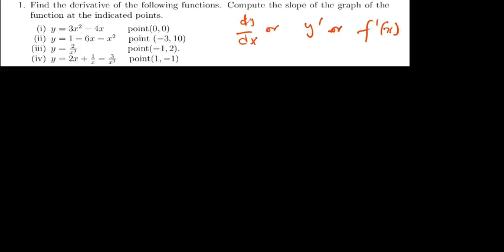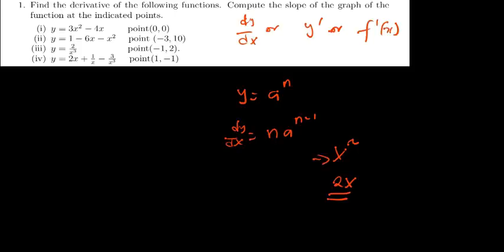Now if I've got y is equal to a x to the power n, then meaning that dy over dx is, I drop the power, which is n, I keep a constant, then the power reduces by 1. What do I mean? If I've got x squared, the derivative of this, drop the power 2, x to the power 2 minus 1 becomes just 1. So this is the derivative of that. So that's what we're going to be doing.